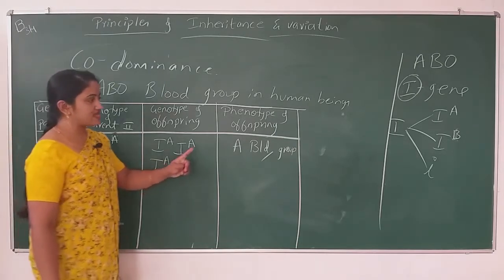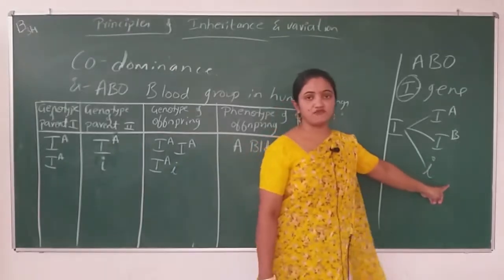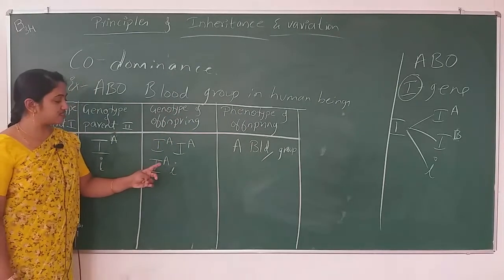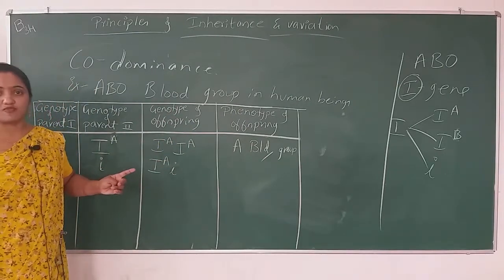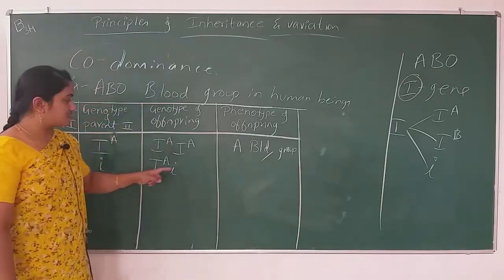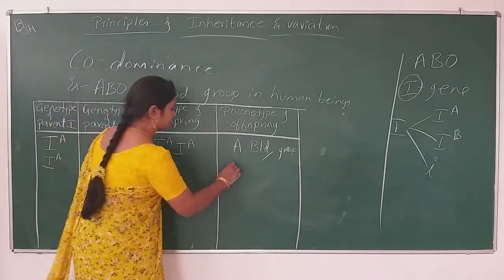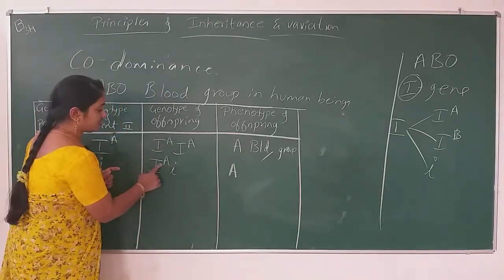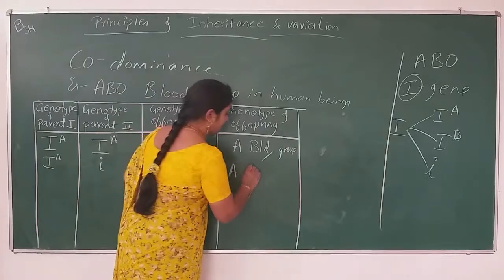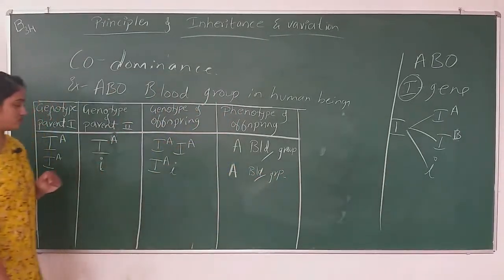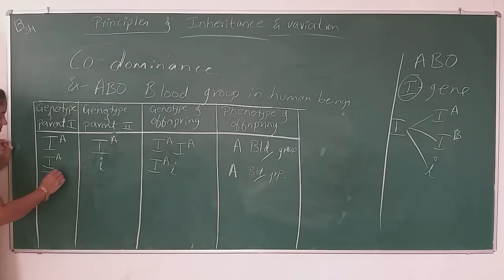So i is nothing but absence of sugar polymer. A is nothing but presence of sugar polymer on the surface of the plasma membrane. The blood group will be A itself. This A always expresses. It will suppress the small i. A blood group.